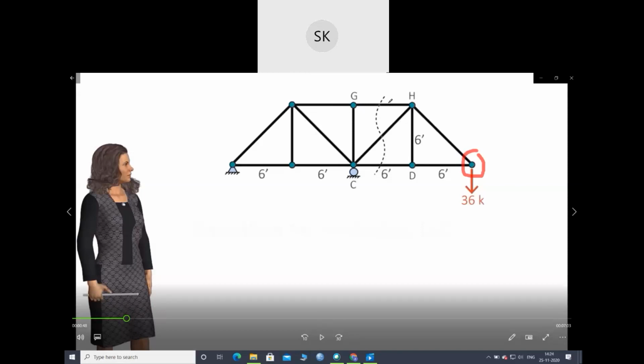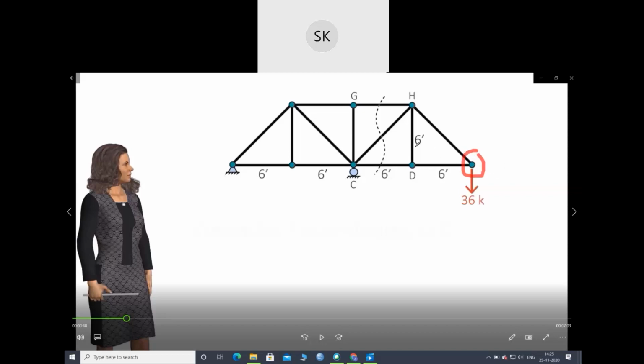So in this method, this is an easy method compared to the method of joints. Suppose you want to find the force in this member CH. You can cut a section and find out the member forces by drawing the free body diagram. But if you go through the method of joints, to find the force in member CH, you first need to find the forces in these members.